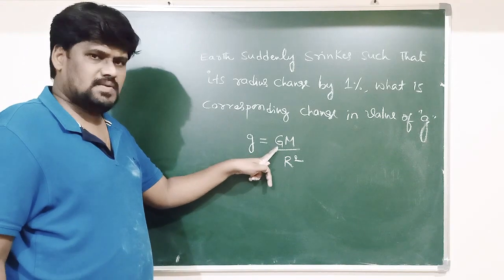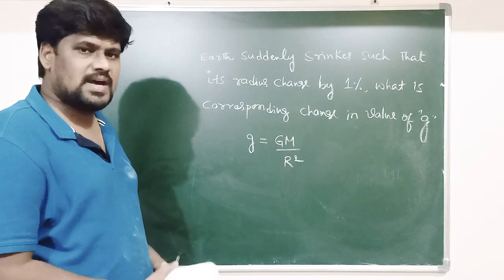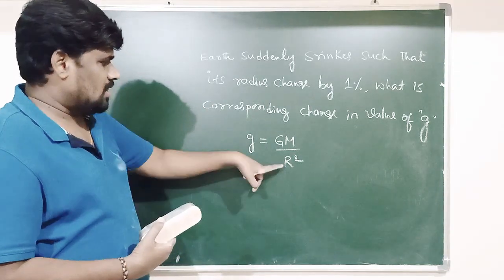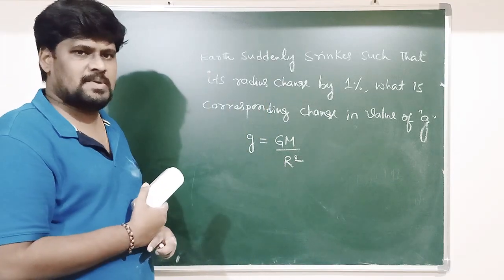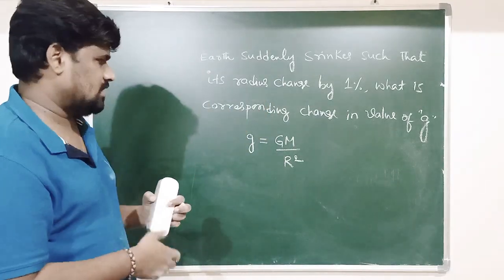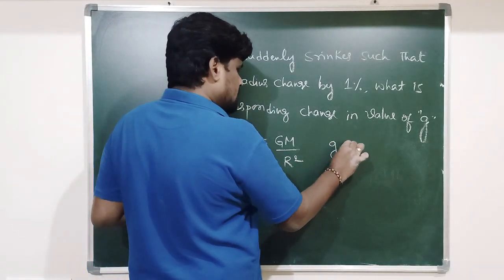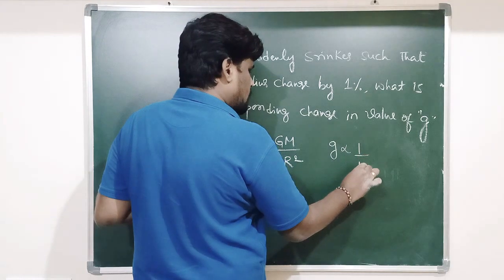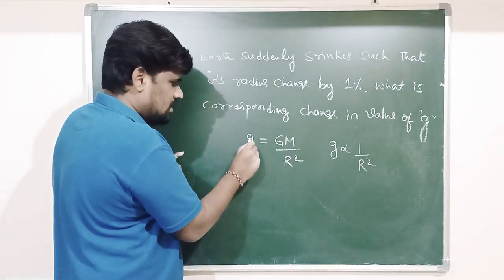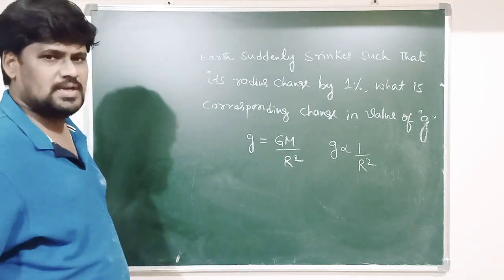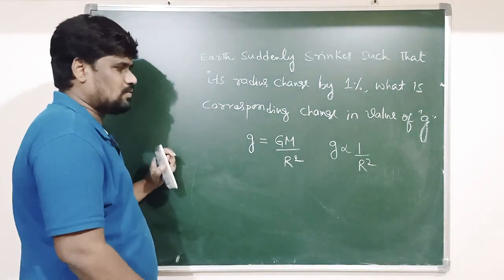Here G is the gravitational constant, a constant. m is the mass of the Earth, also constant. r is the radius of the Earth, which is changed by 1%. Since G and m are constant, g is inversely proportional to the square of the radius.